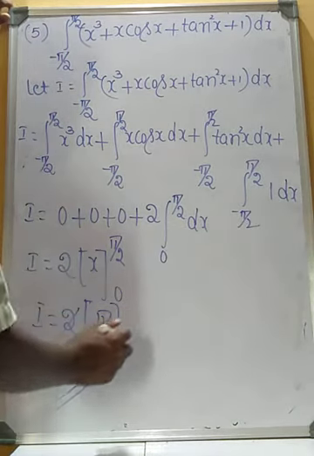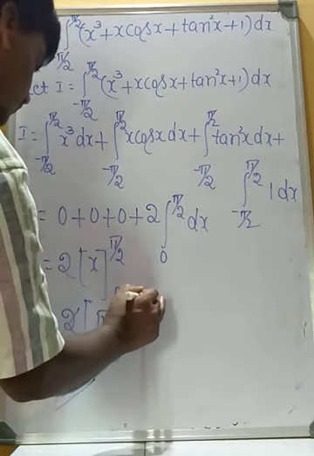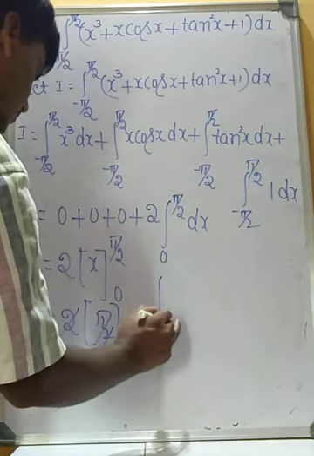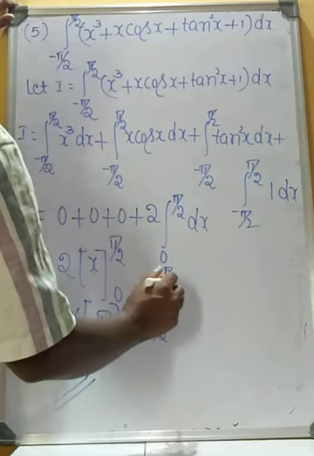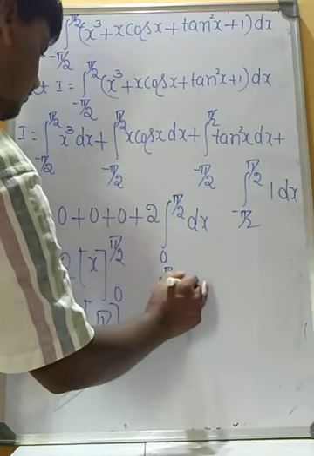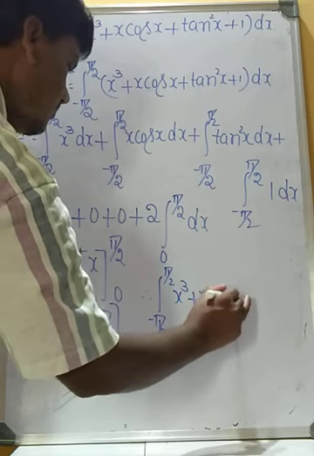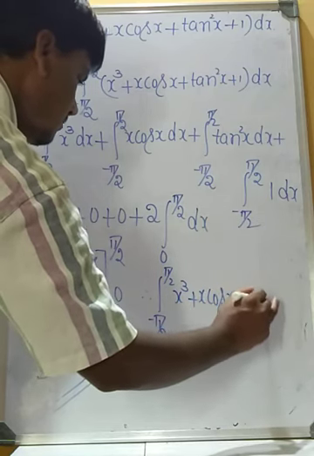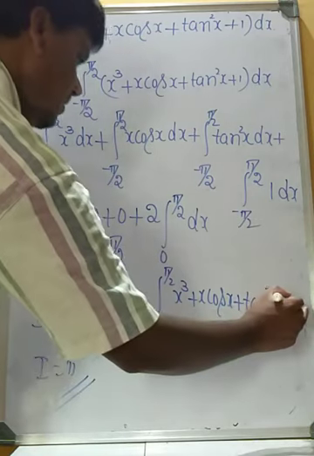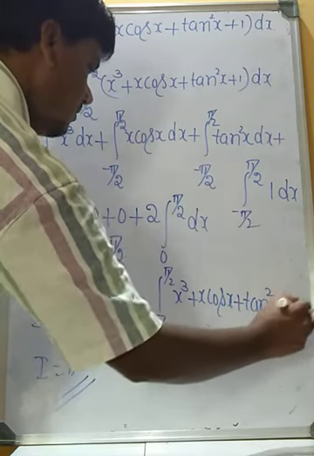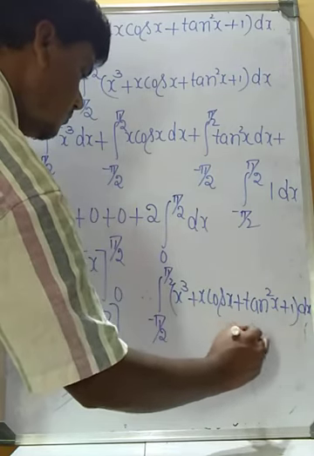So therefore, integral of minus pi by 2 to plus pi by 2 of x cube plus x cos x plus tan square x plus 1, into dx equals pi.